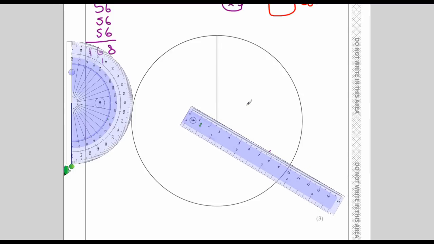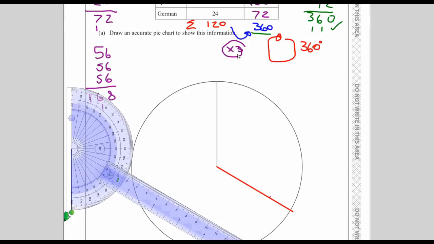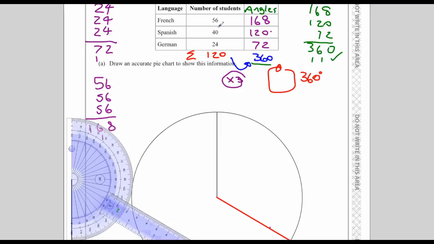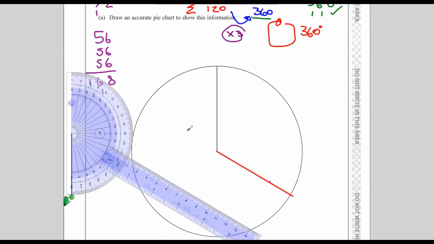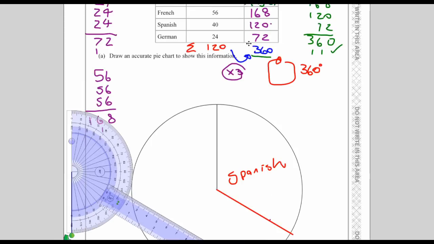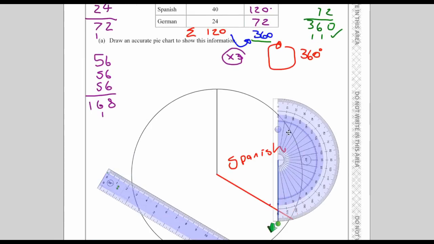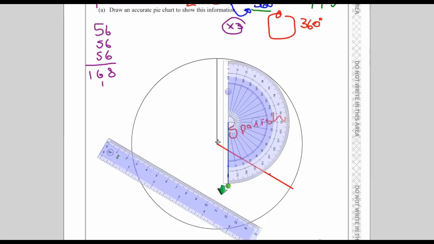You'd get your pencil and you'd rule the line there. Now you could label it at this point if you wanted. Remember we did Spanish first, 120, and label that Spanish. Okay, next one, doesn't matter which way around, let's do 72. We need to line our protractor up with this centre again.